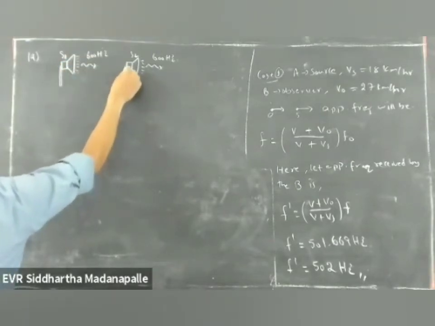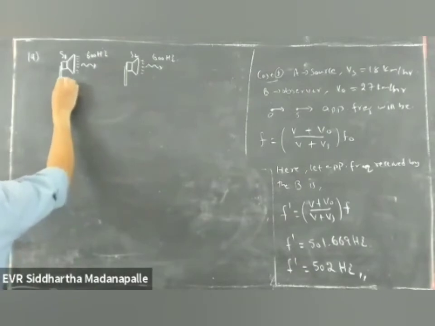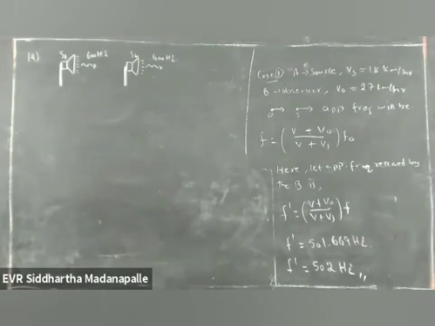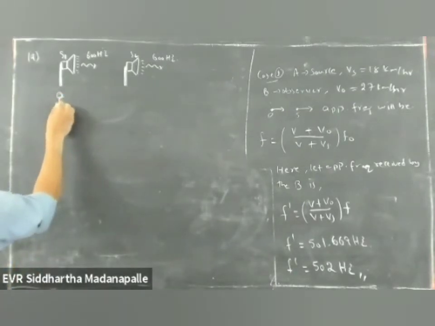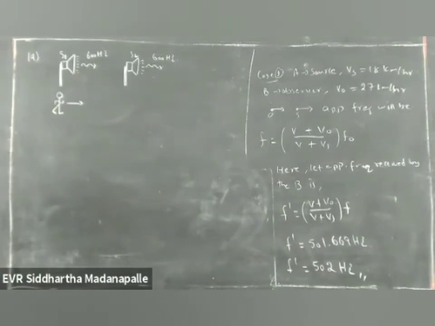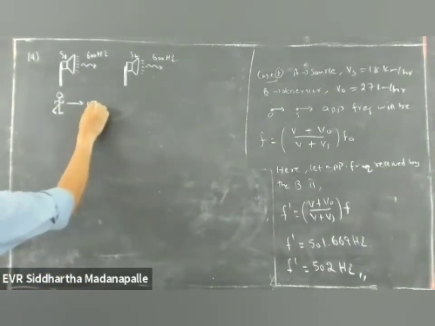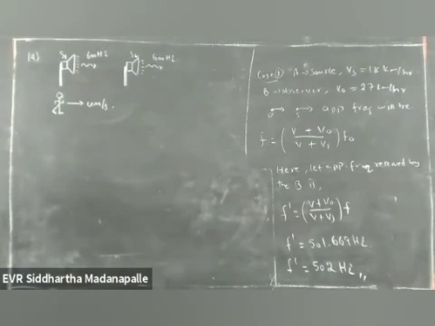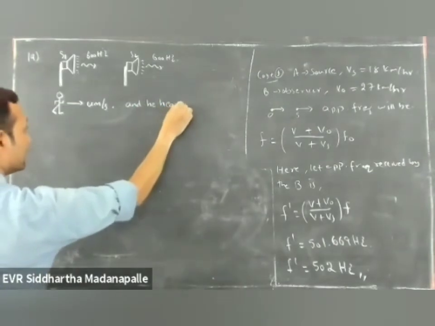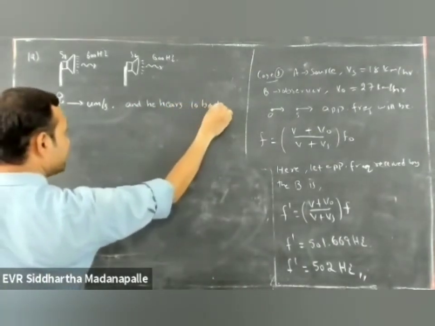Now, a listener is moving from source S1 towards S2 with a speed of u meter per second, and he hears 10 beats per second.